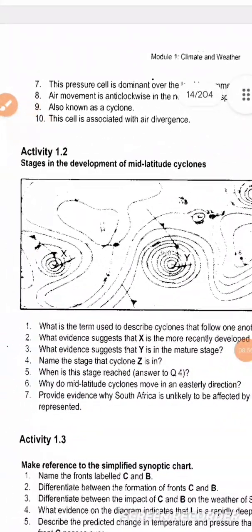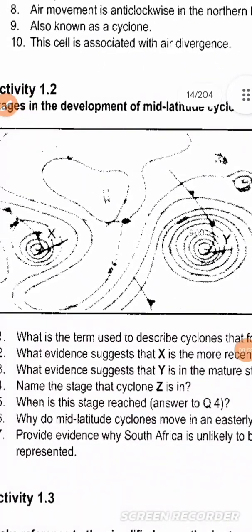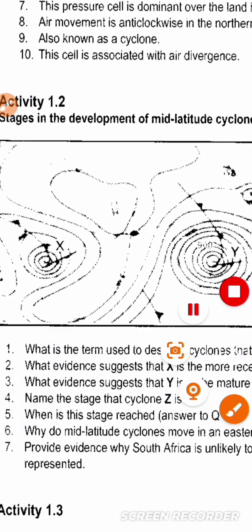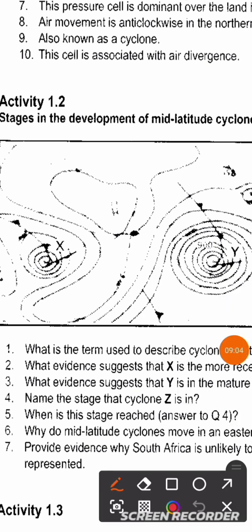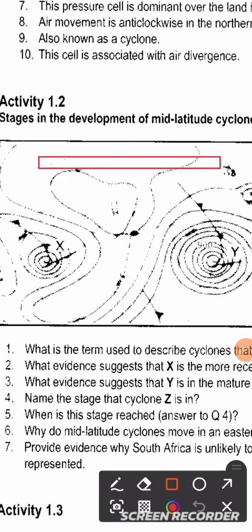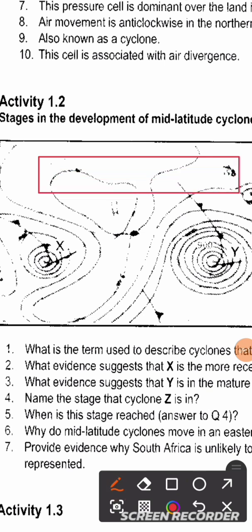We have a synoptic weather map like this one, and they give you these things. They gave you 01 06, which is June 2024.